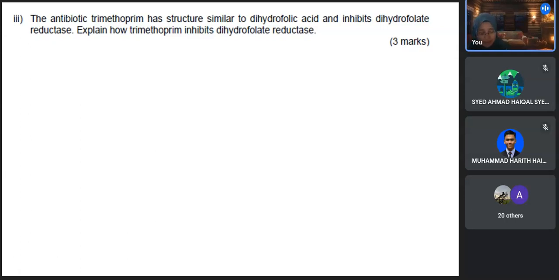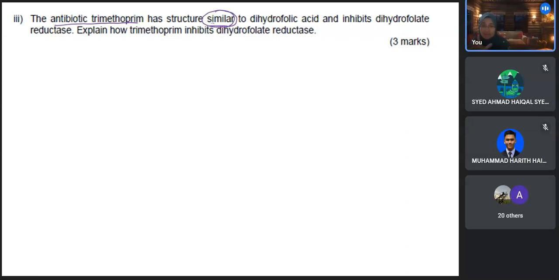Okay, so next question. The antibiotic trimethoprim has structural similarity to the dihydrofolic acids. So we know that this one is the inhibitor. Inhibitor is a keyword, and another keyword that you have to look out for is similar. So it is a competitive inhibitor.